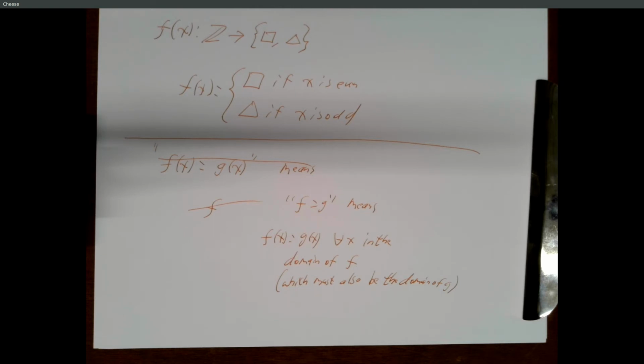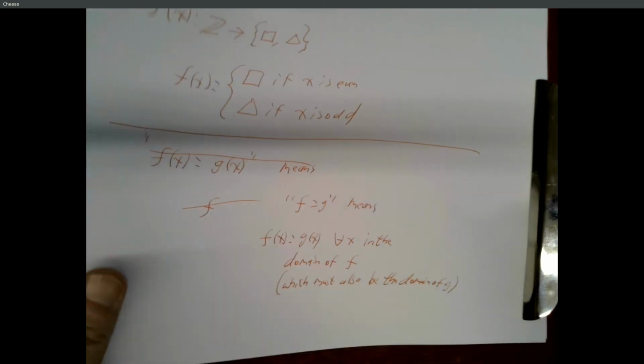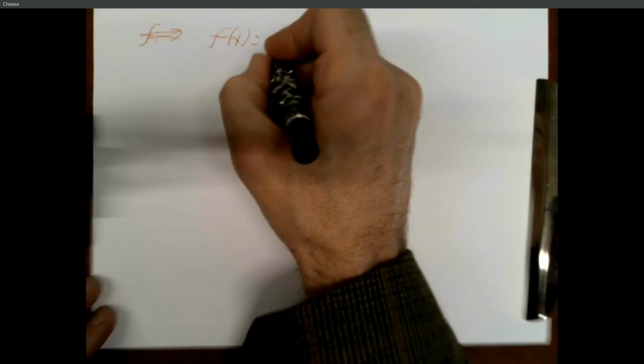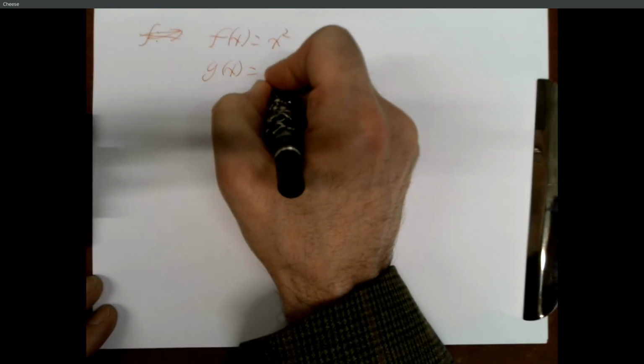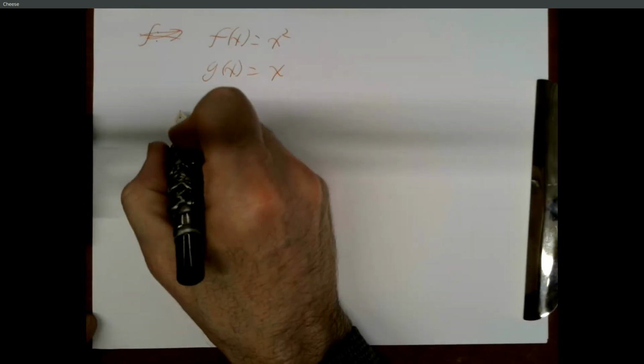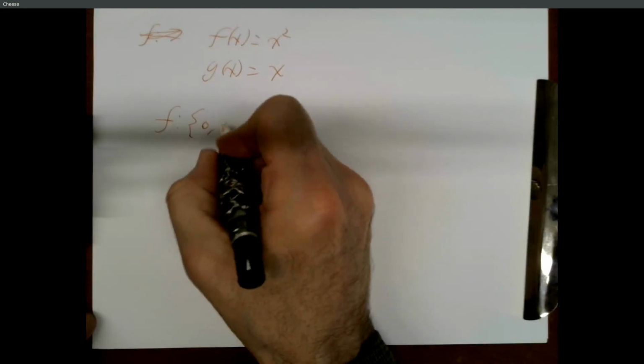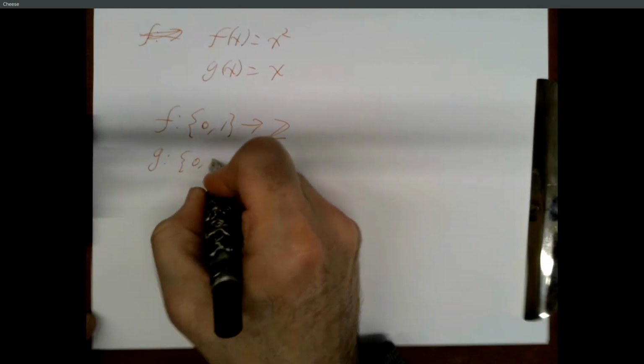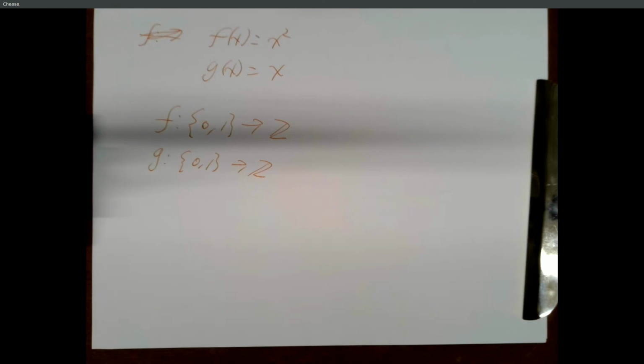And all of this stuff depends on how we set up the domain and the codomain. Because for example, I could have a function f of x equals x squared and g of x equals x. And if f goes from the set {0, 1} into the set of integers, and g goes from the same set to the same set, on that domain f and g are the same function.